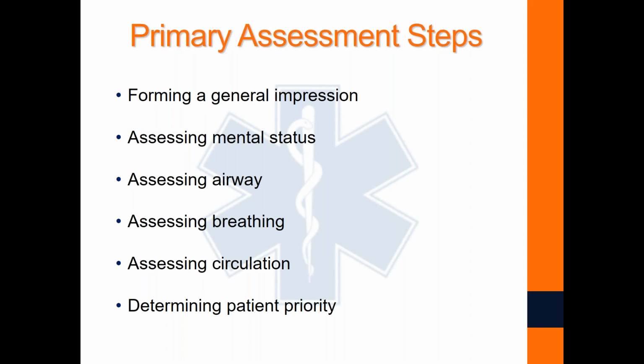Because all the other things that we can do, all the other assessment tools that we're going to use won't amount to a hill of beans if we don't properly assess and treat during the primary assessment, because these are direct life-threatening issues.